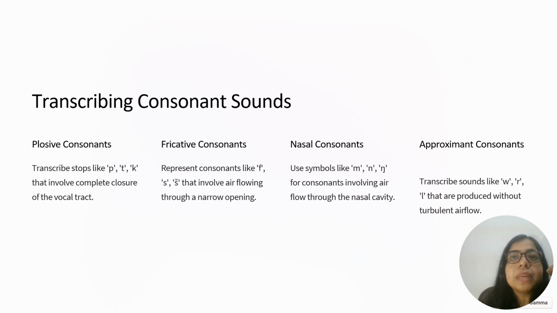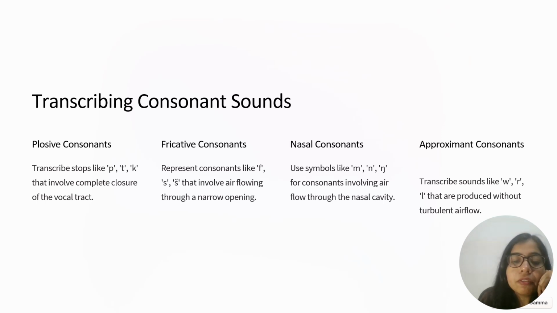When we say P, the lips get fully closed. When we say T, our tongue touches the upper part of the mouth, and that part is fully closed. Then K, the upper part and lower part of the throat get completely blocked when we say K.